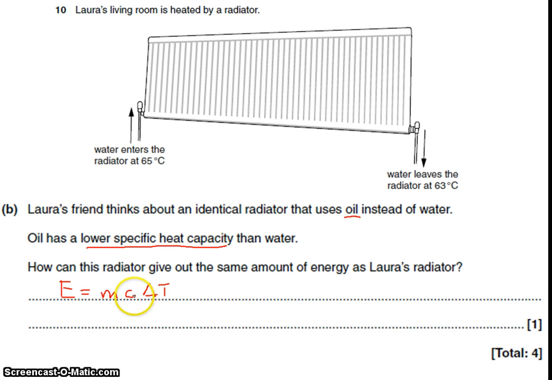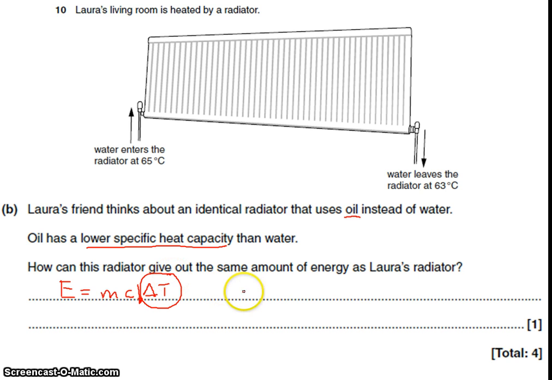Now we've been told that the specific heat capacity is lower, which would reduce the energy transfer if everything else stayed the same. Now we can assume that the mass of oil that's going to fill the radiator will be the same, so the answer focuses on this part here.